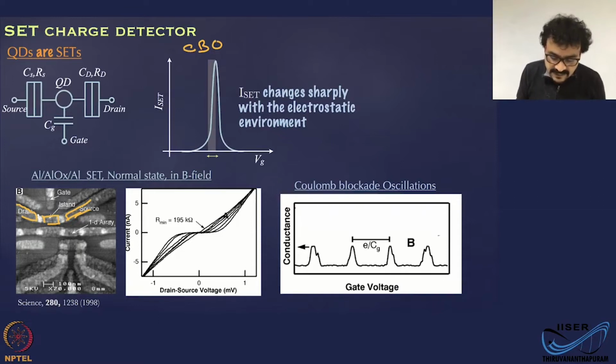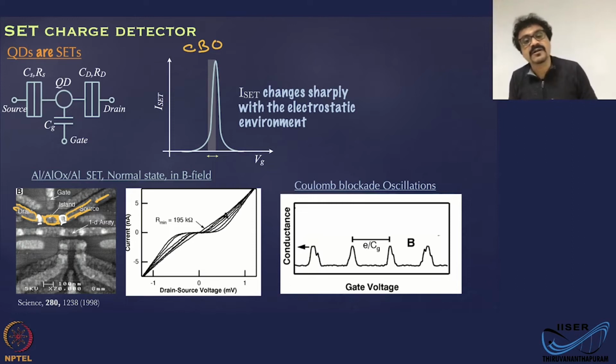There is one here and there is one here, and which is connected to the source and drain region, and you have this small island in the middle, that is the quantum dot. And in this diagram you can see a bunch of other tunnel junctions too, which are not our focus for this discussion.